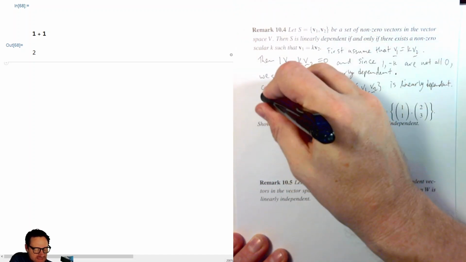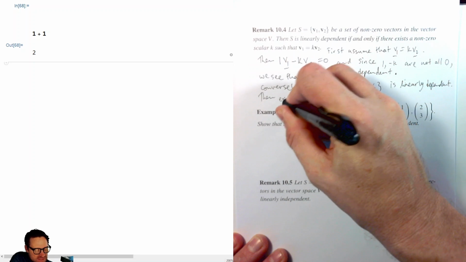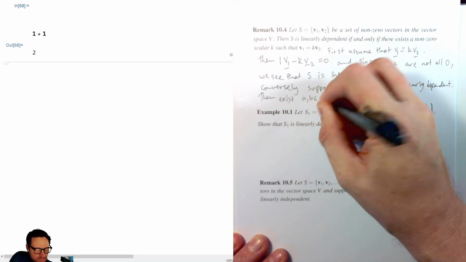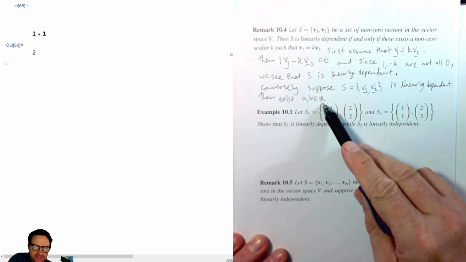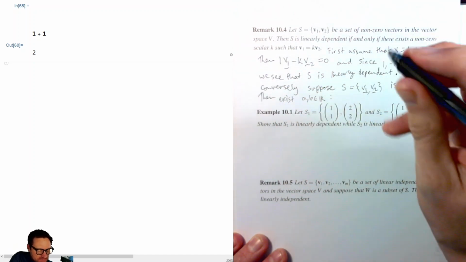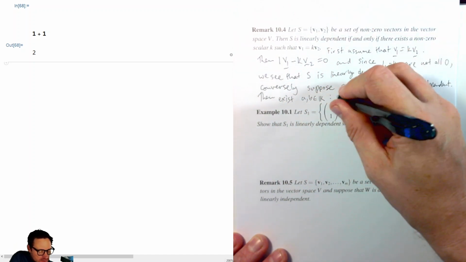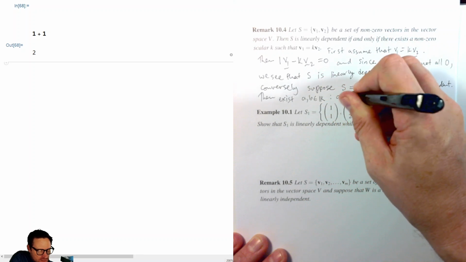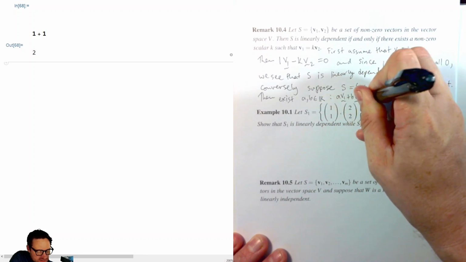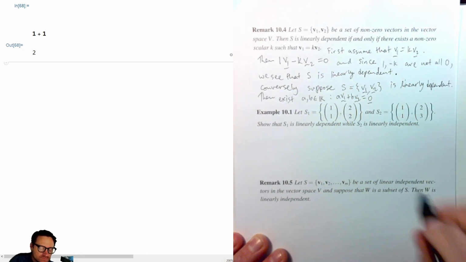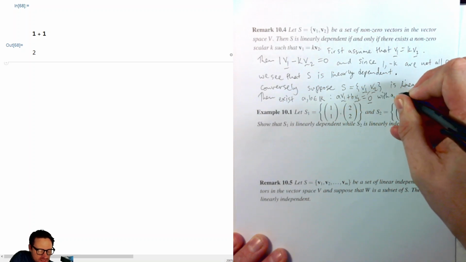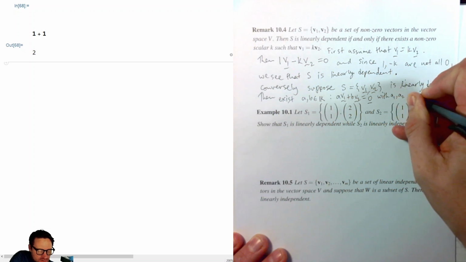Well, if that's the case, then there exist scalars a and b, again usually the real numbers, such that a v1 plus b v2 is the 0 vector with a and b not both 0.